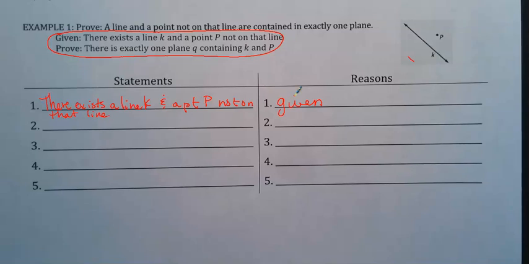We're going to prove there's exactly one plane Q. Okay, so we're naming that plane containing K and P. So that's going to go on my last line of my statement, right? Because that's what I'm proving. There is exactly, and that X didn't turn out very well.